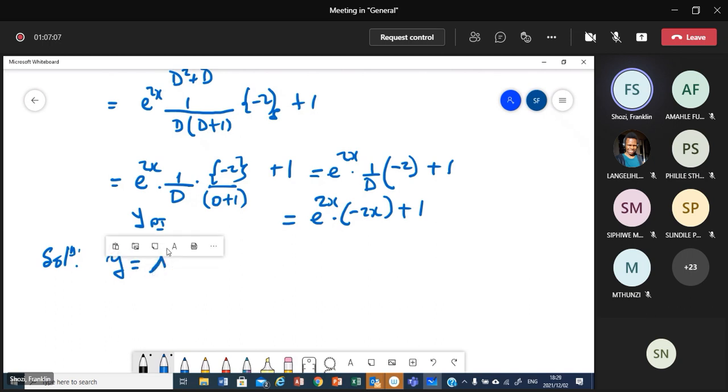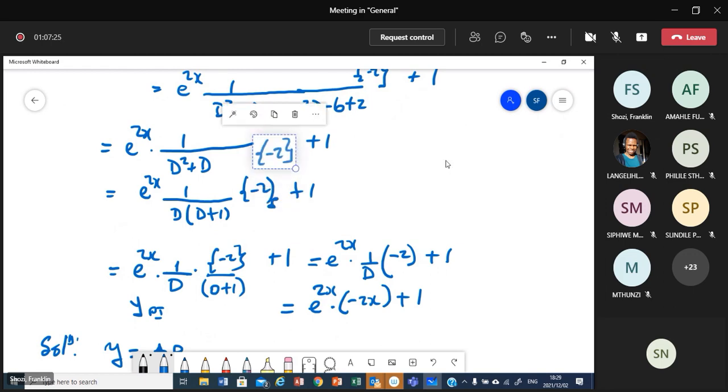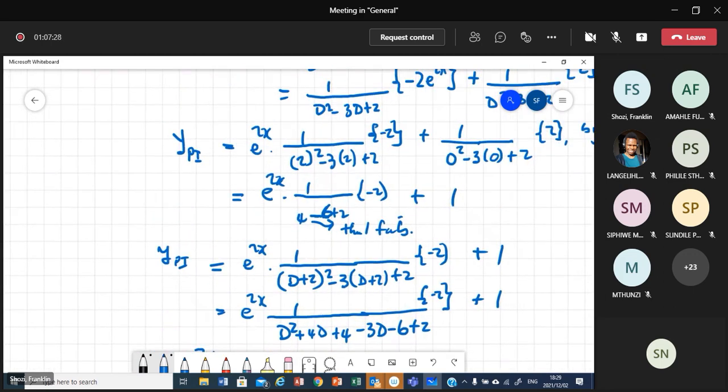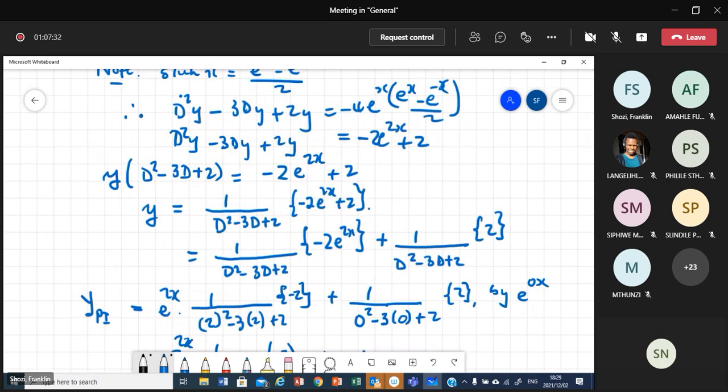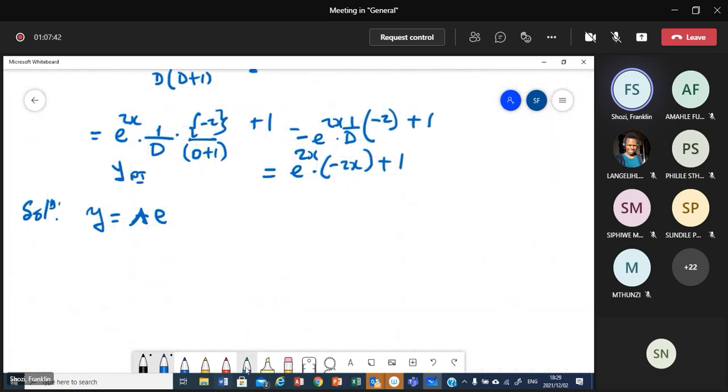It was A e to the power x, oh yes, A e to the power x plus B e to the power 2x, and YPI, that will be minus 2x e to the power 2x plus 1. That's the general solution.